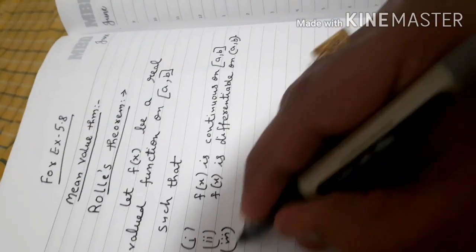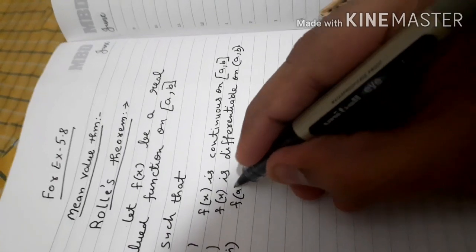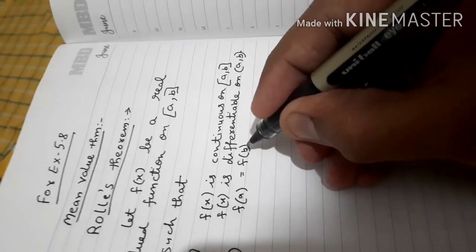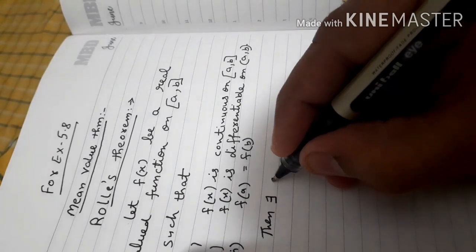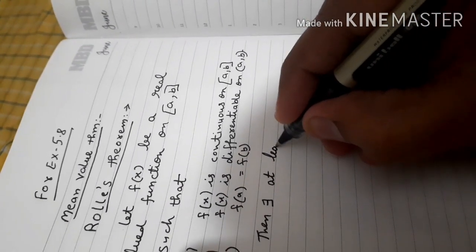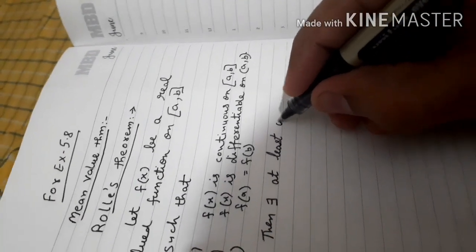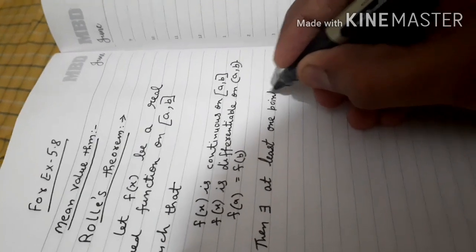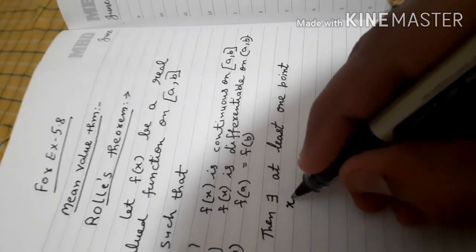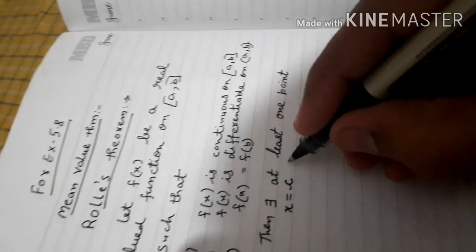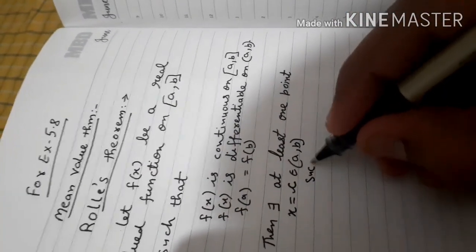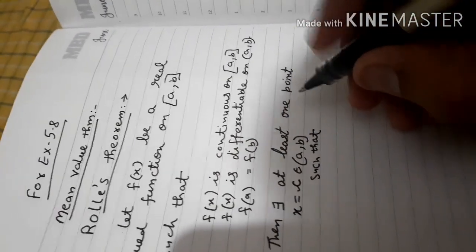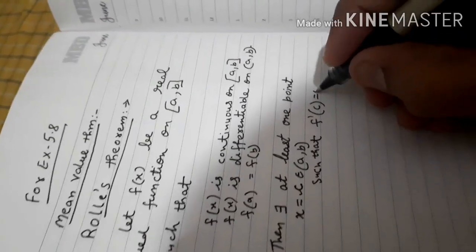Third one, f(a) is equal to f(b), then there exists at least one point x equal to small c which belongs to open interval (a, b) such that f'(c) is equal to 0. It's the statement of Rolle's theorem.